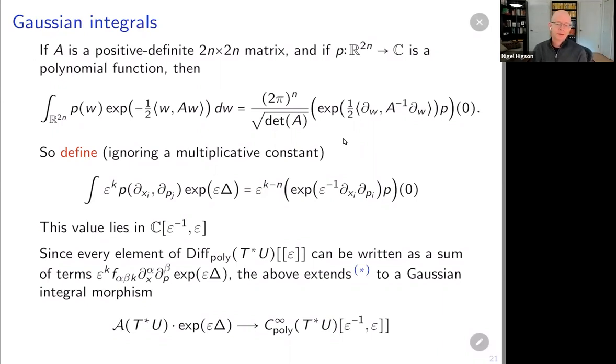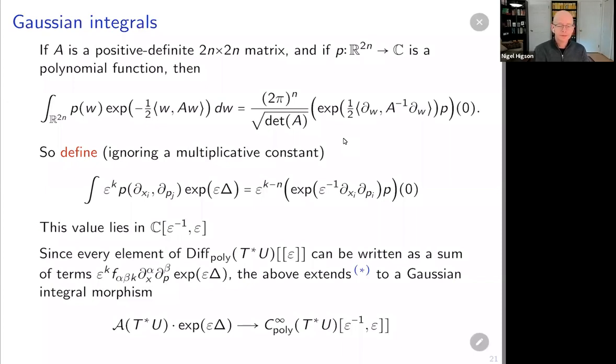All right, so here's how we're going to define a trace. Take a formal power series in epsilon whose coefficients belong to the algebra of ordinary differential operators on T*U. So that thing is made up out of a whole bunch of terms which look like a power of epsilon times a function times some derivatives in the x direction times some derivatives in the p direction times our exponential.